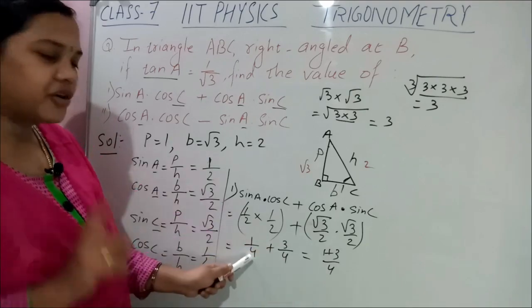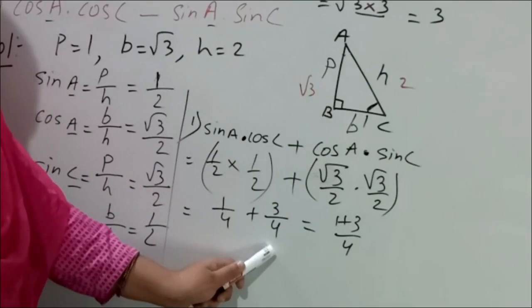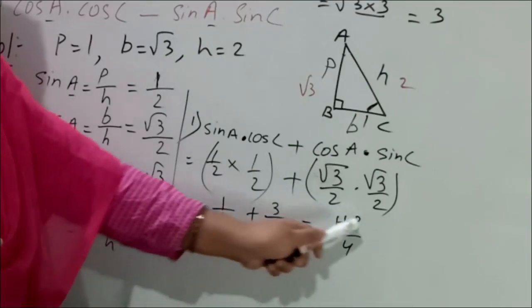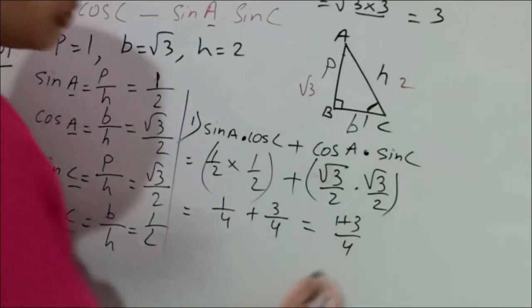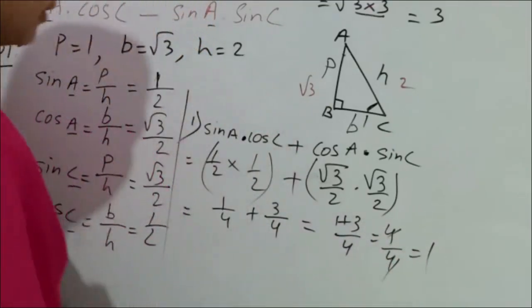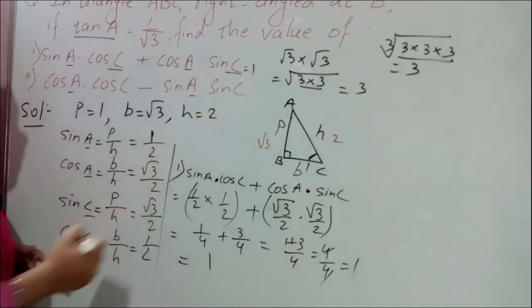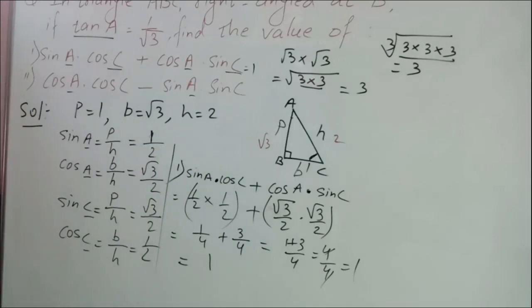So 4 by 4 is 1, 1 into 1 is 1, and 1 into 3 is 3. That's why 1 plus 3 is 4, and 4 by 4 cancels to 1. Therefore, the answer for the first one is 1. Clear? Write this down.